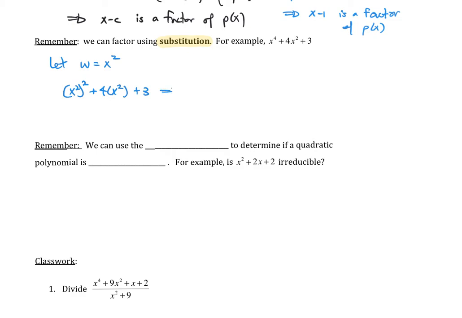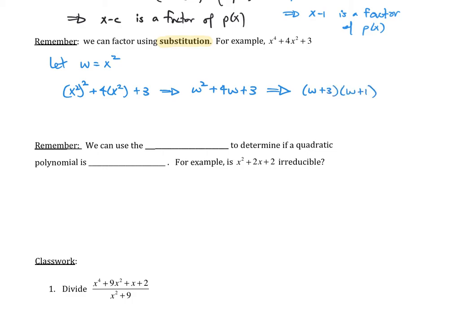When I make my substitution, that's going to become w squared plus 4w plus 3. When I write it as a quadratic like that, for me it's a little easier to factor. That's going to factor as w plus 3 times w plus 1.